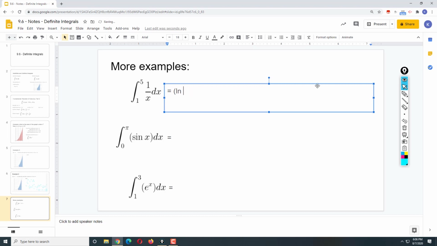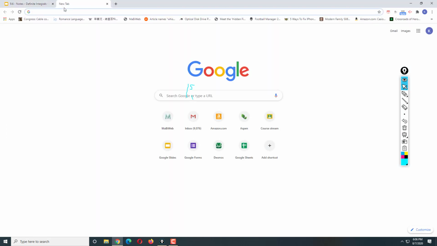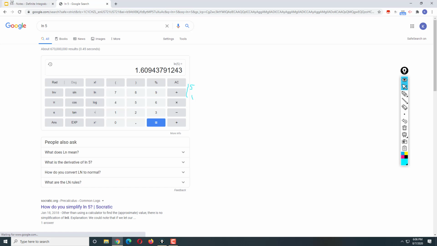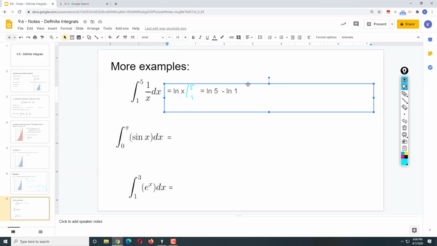And we're doing this evaluated at 5 minus ln x evaluated at 1. So that's going to equal ln 5 minus ln 1. ln 1 is just 0. ln 5 is about 1.6. So this is approximately 1.6.